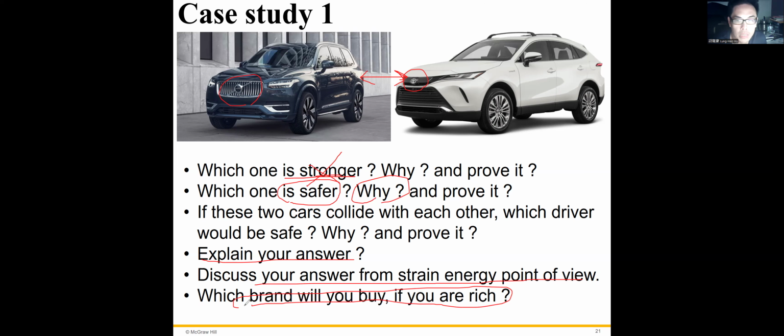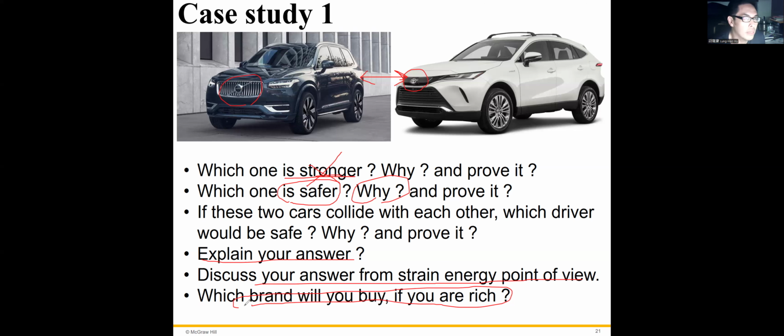You have a very thick structure, or a strong structure for the whole vehicle. That means I'm stronger than you, and you will be destroyed, and the driver in mine will be safe. On the other hand, usually we think the structure of the Toyota's car is not so strong, right? Not so strong.